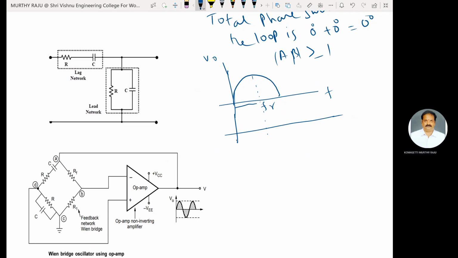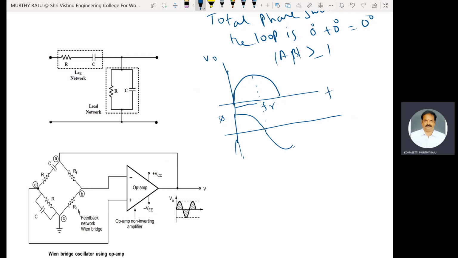The phase shift introduced by the lead lag network is an advanced phase shift. And for F greater than FR, it is a delayed phase shift.